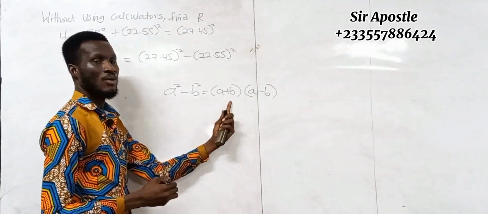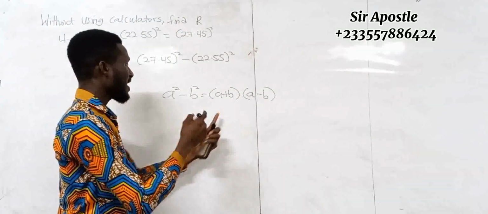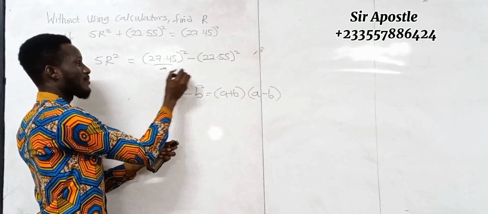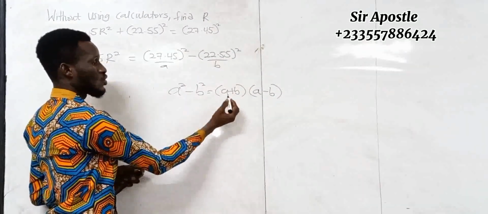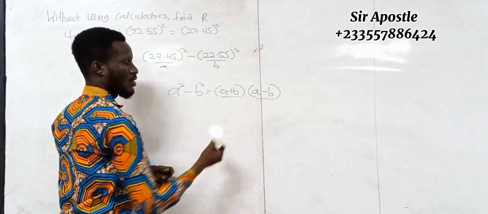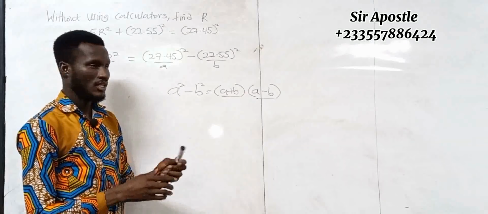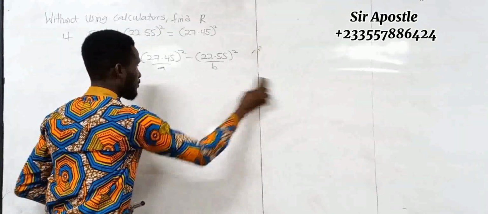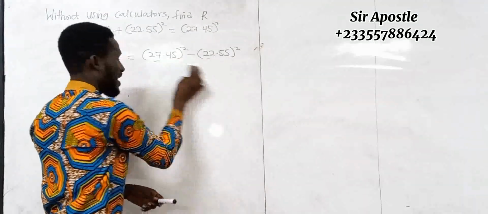So this is the method we are going to apply. We're going to take this one as our a and this one as our b. So we add them, times, we subtract them.